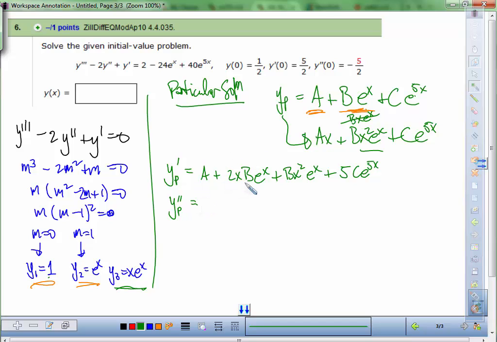Second derivative, the a disappears, but now I have two product rules. So I'll say 2bx, the derivative of the first is 2b times the second plus the first times the derivative of the second, plus another product rule here, derivative of the first times the second plus the first times the derivative of the second, plus 5 squared c e to the 5x.